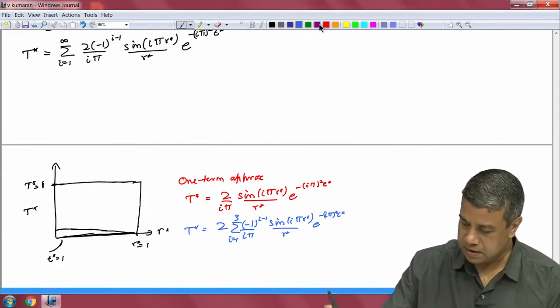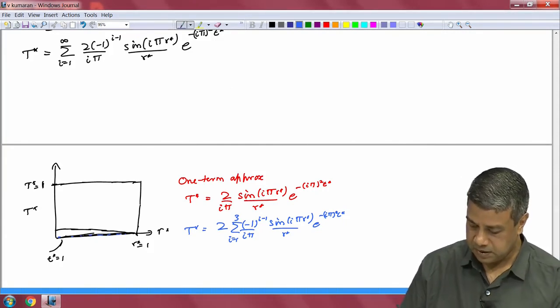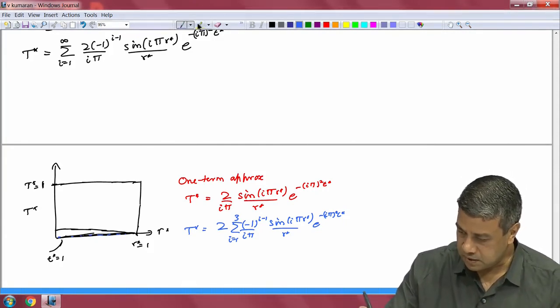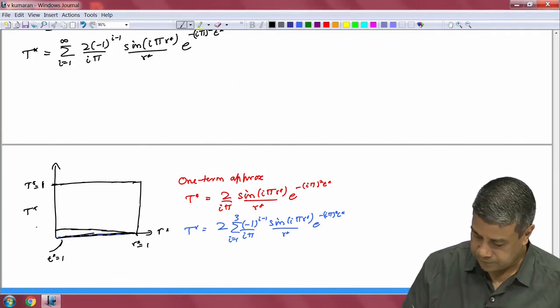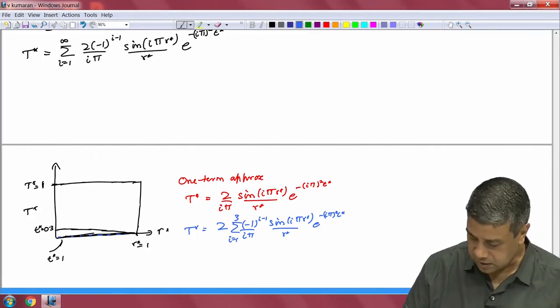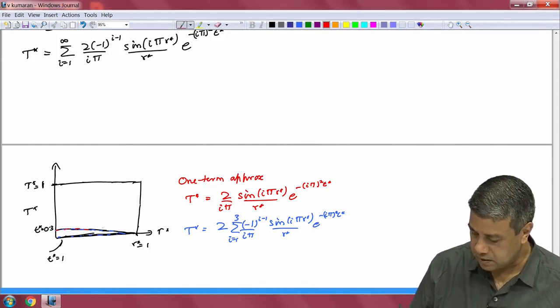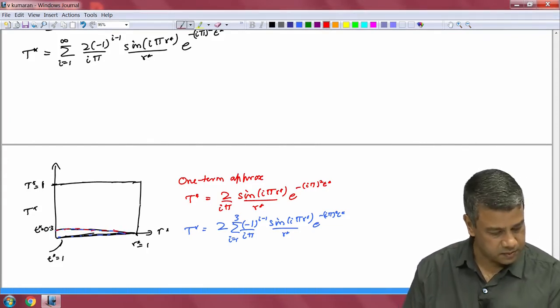So, by the time t star has become equal to 1, all of the approximations converge to the same thing. At t star equal to 0.3, you find that the solutions are all the same again. Even the one term approximation captures the solution quantitatively.